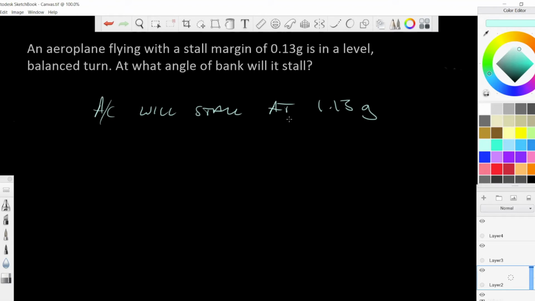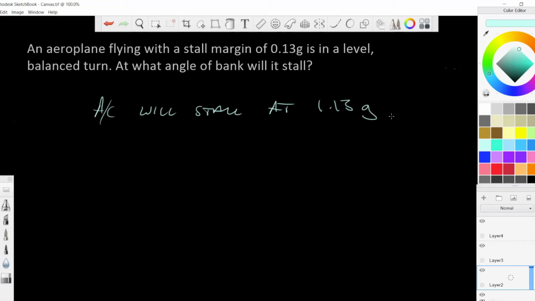So the stall speeds we talk about, VS1 and VS0, but primarily VS1, that's a 1 g stall. I often tell students, imagine a g on your VS1, because that's always talking about a 1 g stall. So if we've got a stall margin of 0.13 g, that means we're flying at a speed where the aircraft will stall at 0.13 g above that straight and level 1 g. That's what we mean by the margin.